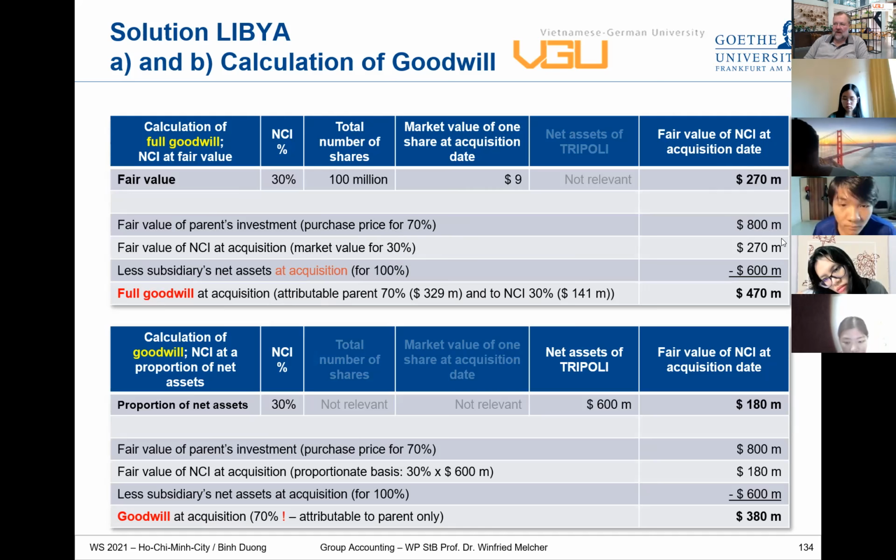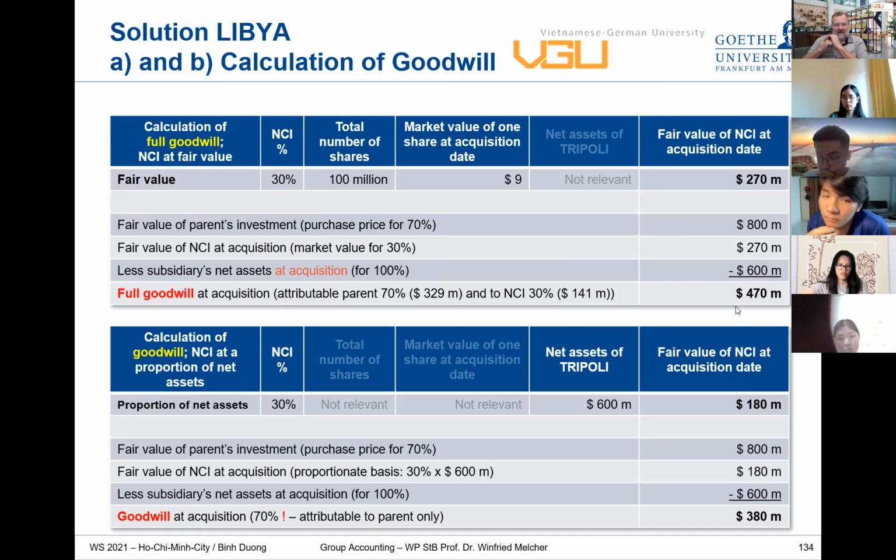So for 100% of the shareholders, the fair value would be 1,070. So when we deduct the net assets at fair value at acquisition, that represents 100% of the net assets, that was 600. So the difference now is 470.